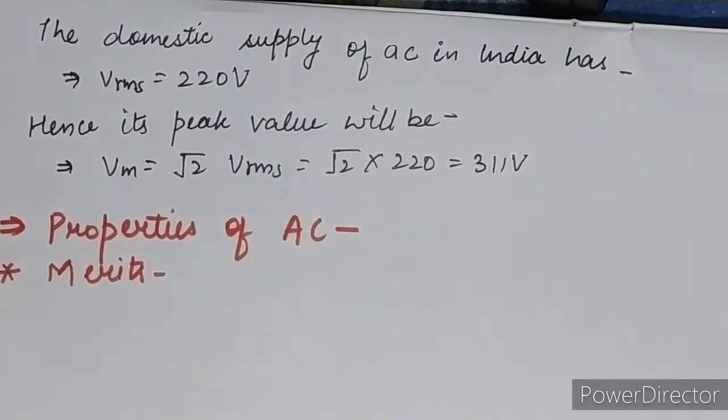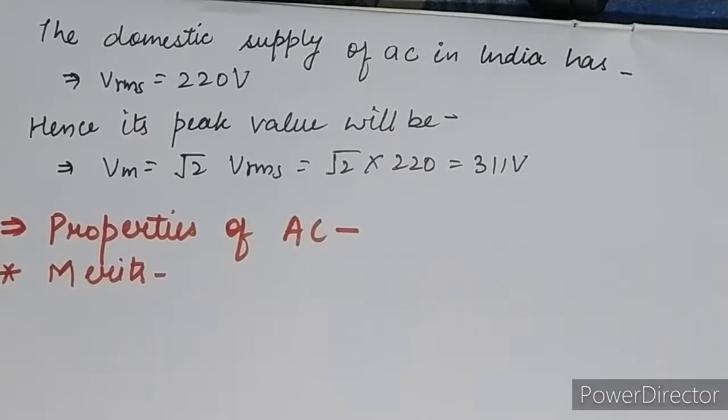So all round, comparing with DC, it will be more convenient for us. So these are the merits: long distance transmission, easy conversion from AC to DC, easily available, more convenient to operate, and cheap in cost.